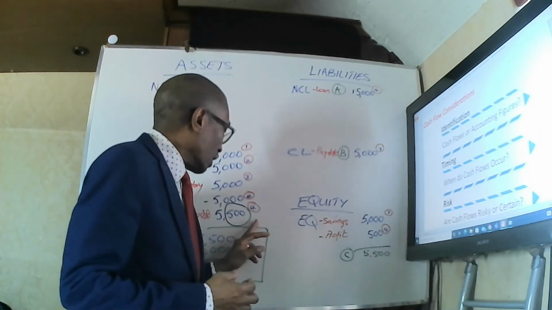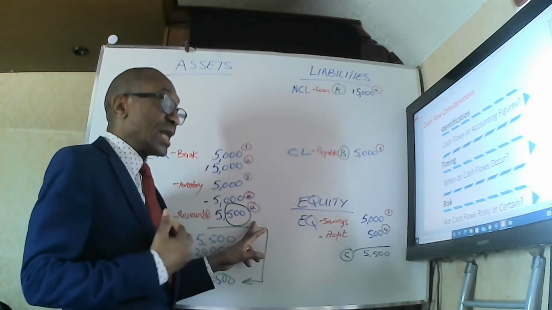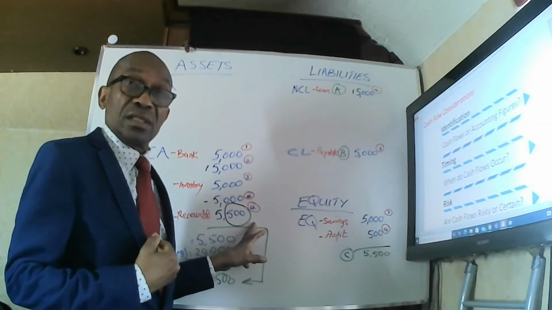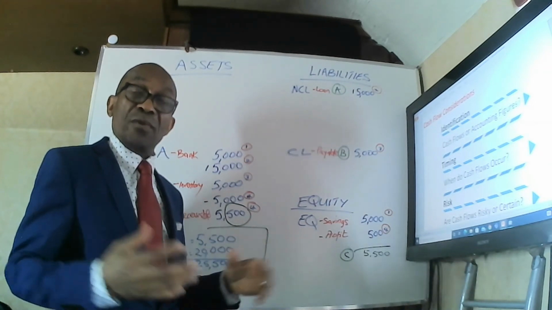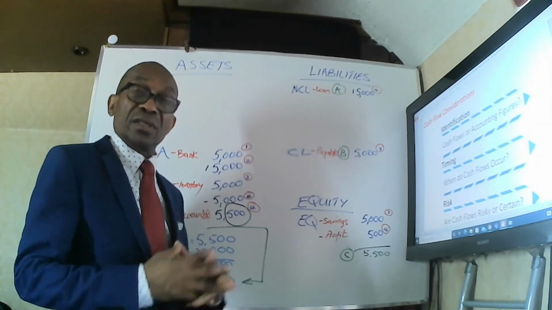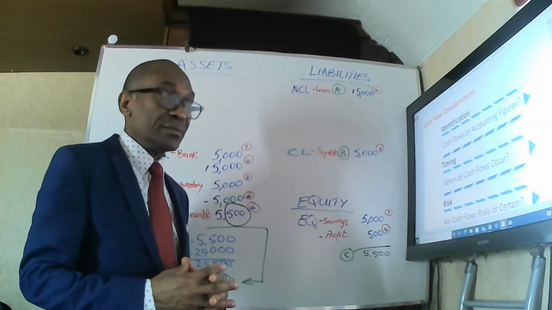Now, looking at the debtor or receivable side, is this 5,500 certain to us that we receive it, or is it risky? It's open for your judgment. So many things to consider to come to an answer.